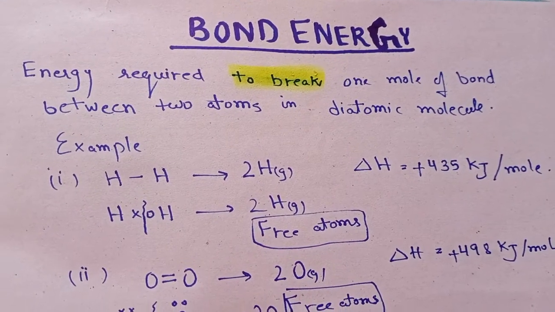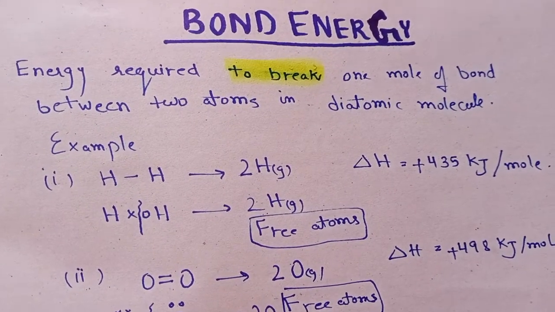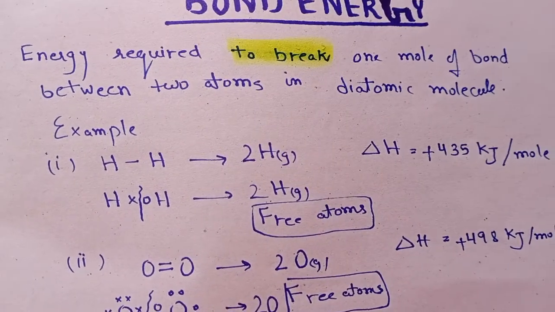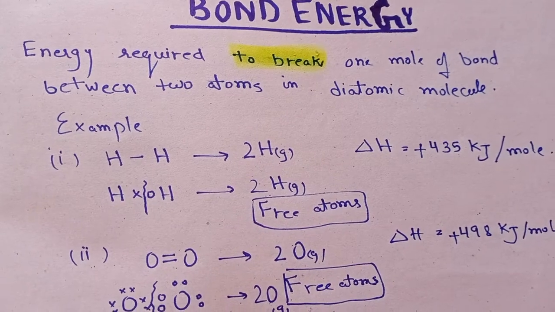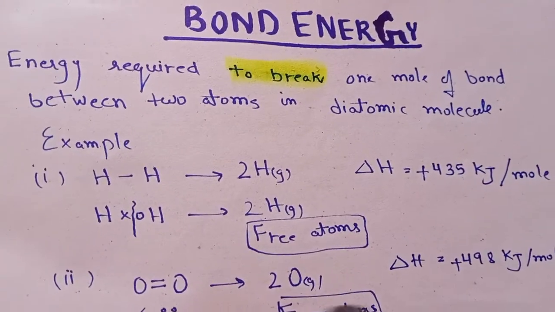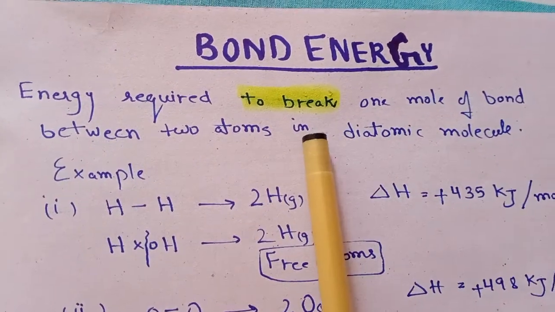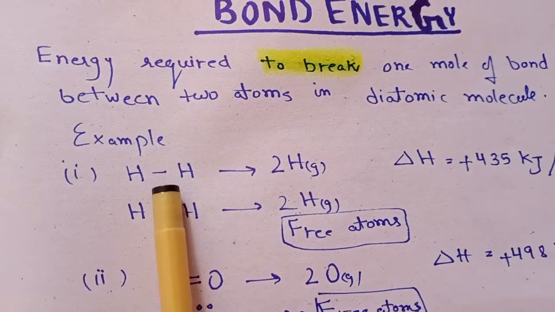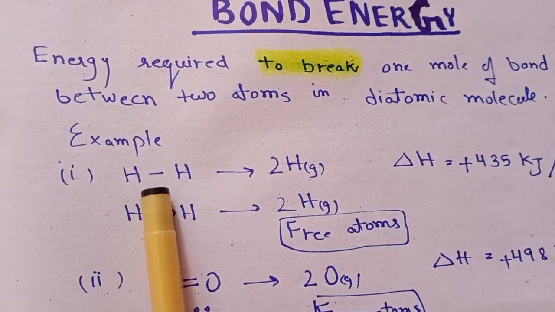We can discuss bond energy in two terms. First, we will discuss the energy required to break 1 mole of a bond between two atoms in a diatomic molecule. For example, we can take hydrogen gas.